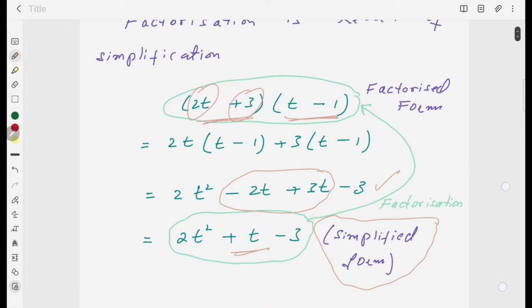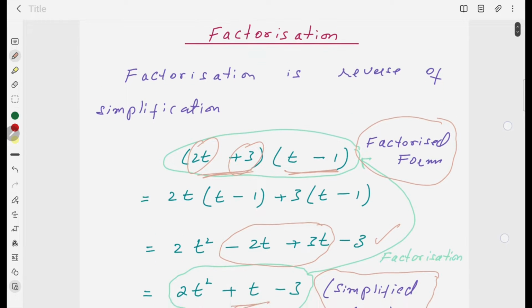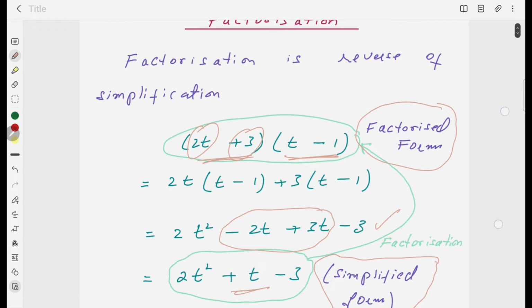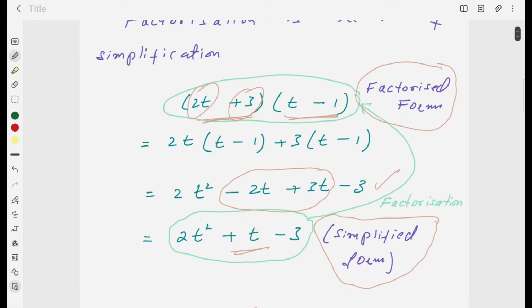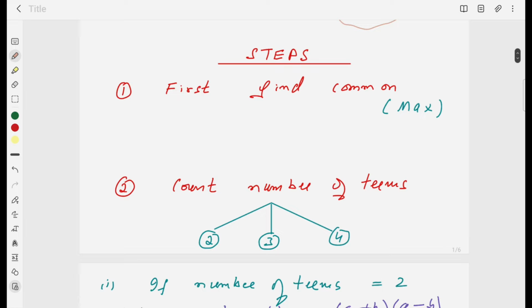And if I go back to bracket form, then this bracket form is factorized form. So this is my point, that factorization is reverse of simplification, and we try to get bracket form. There are certain steps.